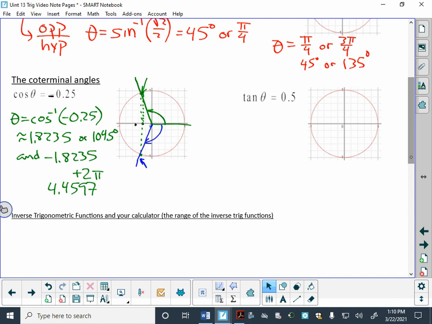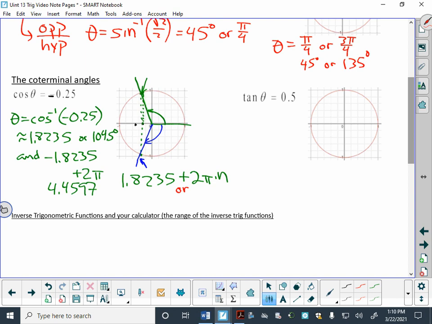So the answer I'm looking for here, from the green one, I would write as 1.8235 plus 2 pi times n, where n is an integer that represents the number of full rotations around the circle that I want to do.